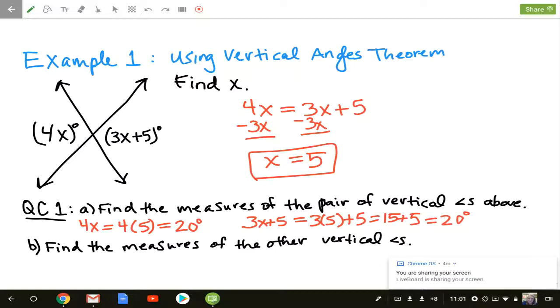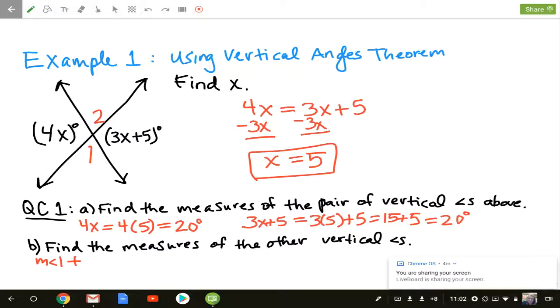Okay, the second part of Quick Check 1 asks you to find the measures of the other pair of vertical angles. So let's just label them 1 and 2. Now pause this and see if you can figure out the measure of angle 1 and angle 2. Okay, so for angle 1, if I were to add that angle to one of the other two angles that it's a linear pair with, it's supplementary.